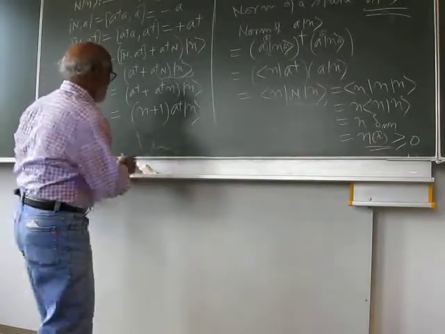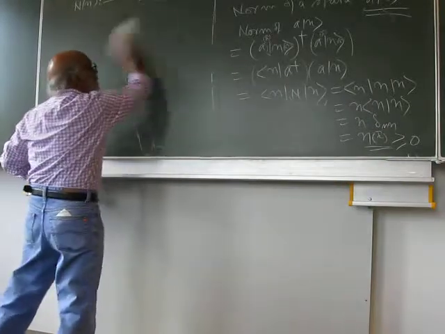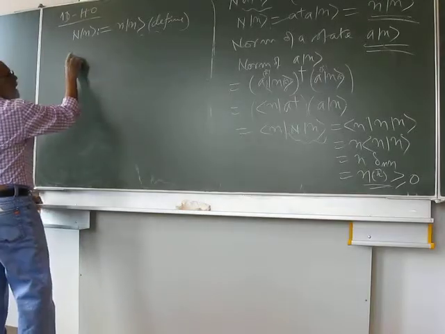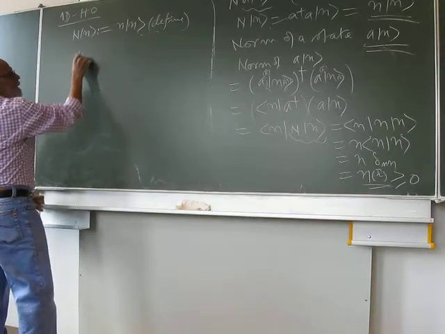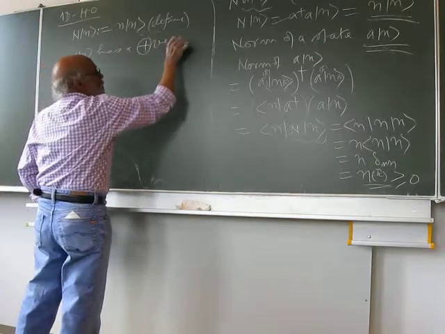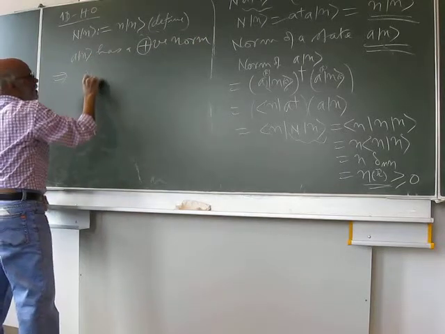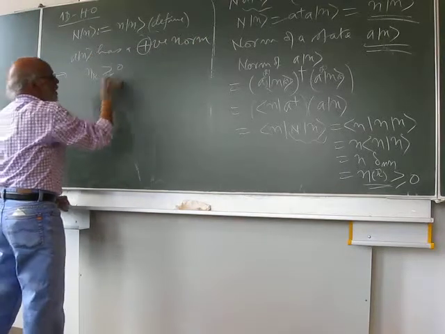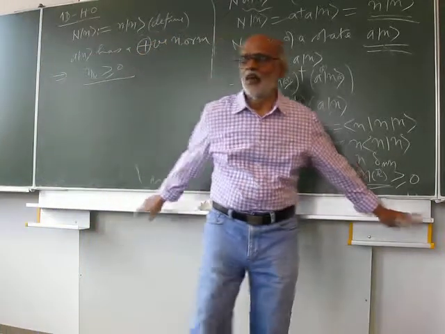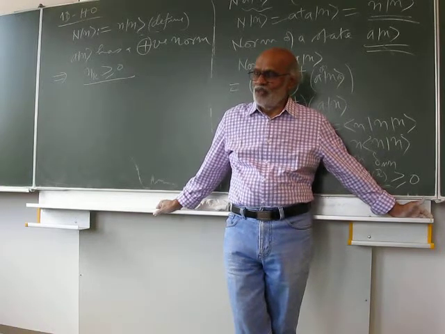So what we arrive at is the relation that, by requiring that an has a positive norm, we arrive at nk is greater than or equal to 0. Only then can the norm be positive definite, otherwise the norm will not be positive definite.